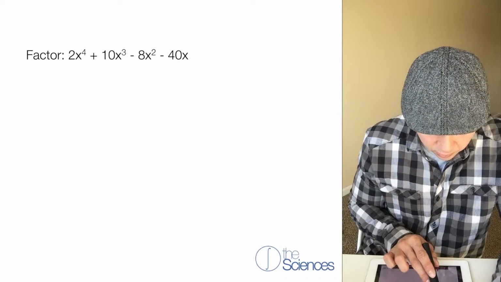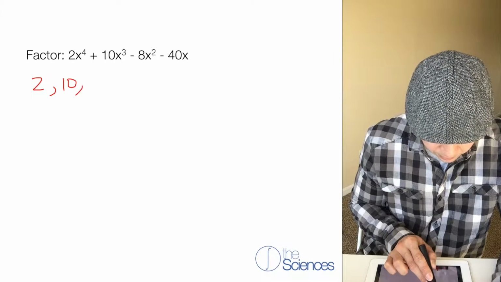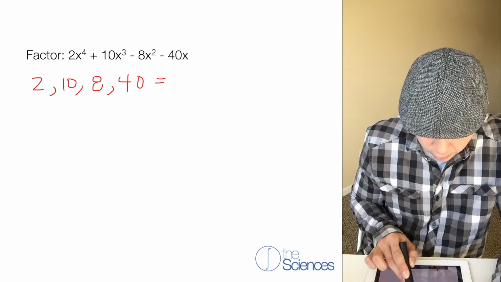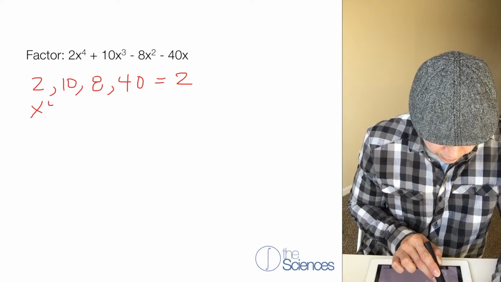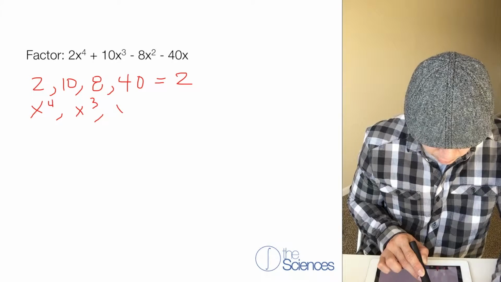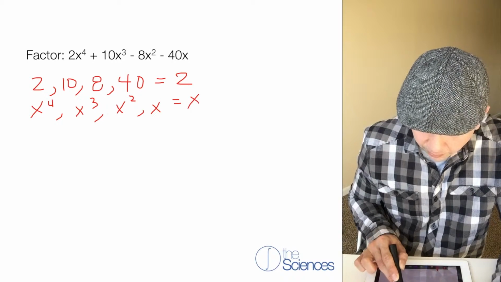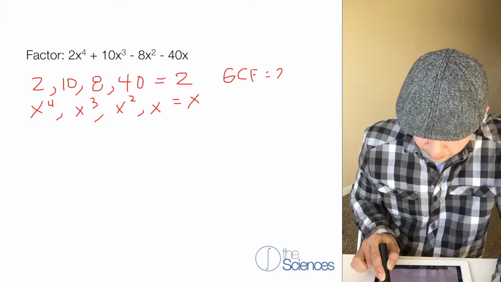A common factor that they all have between 2, 10, 8, and 40 is 2. And the common factor between x to the 4th, x cubed, x squared, and x is x. So that means our greatest common factor is 2x.